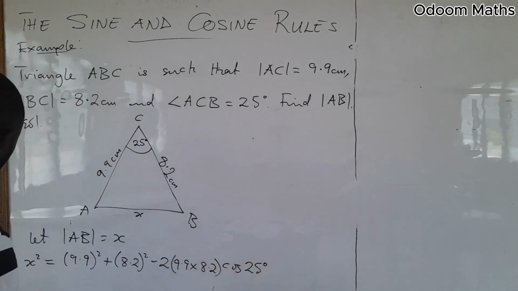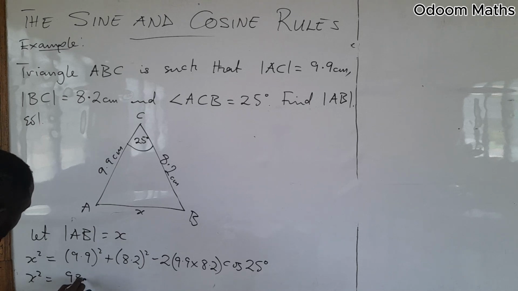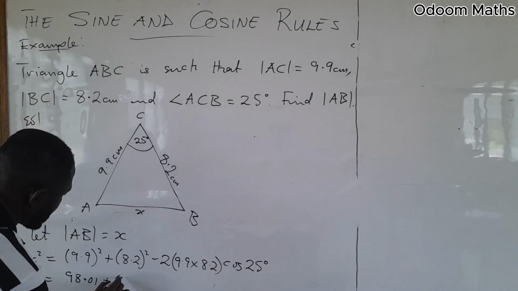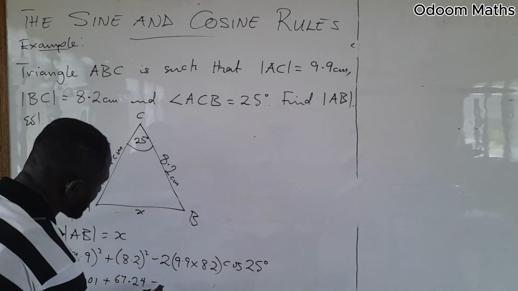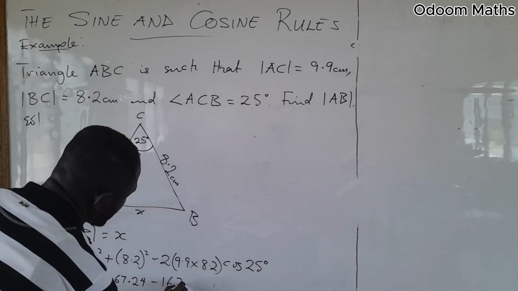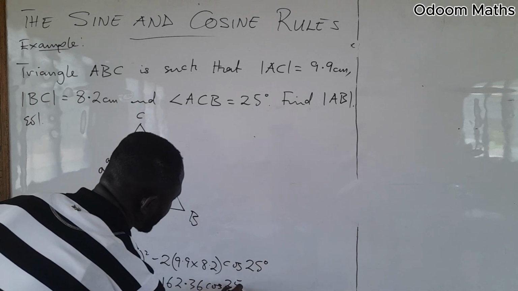Okay, so x squared becomes 98.01, then 8.2 squared, so that is also 67.24, minus this one times 2, 162.36 cos 25 degrees.